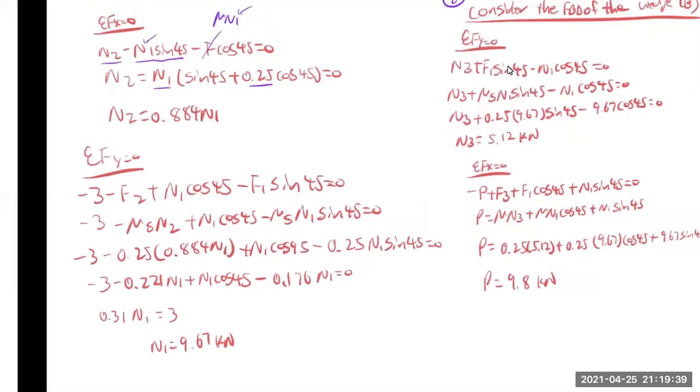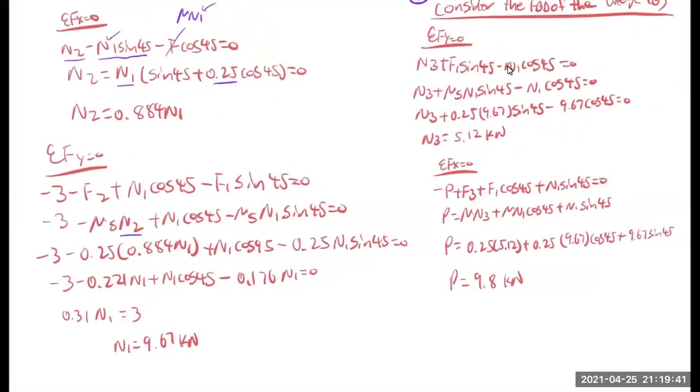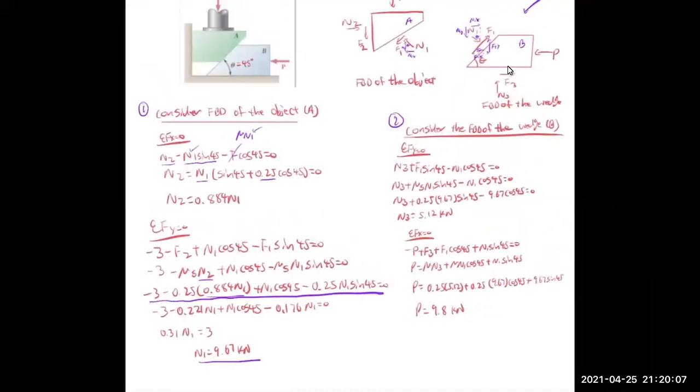And then I replace N2 right here with 0.884 N1, okay? And then in this equation right here, there's only one unknown, which is the N1. So basically just solve for N1, so that I get N1 is equal to 9.67 kilonewtons.